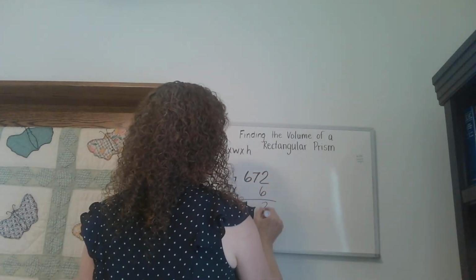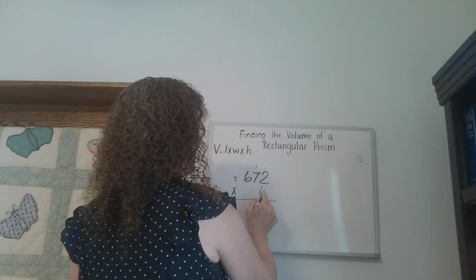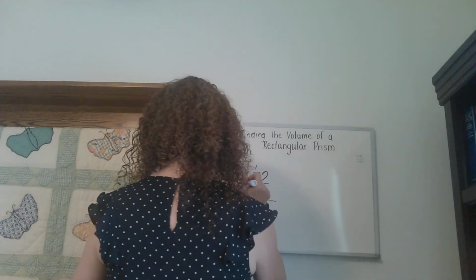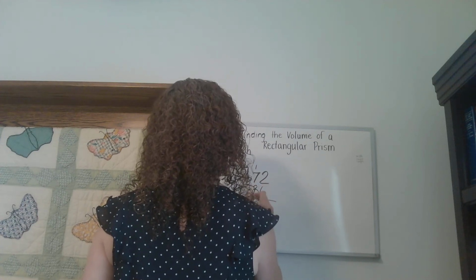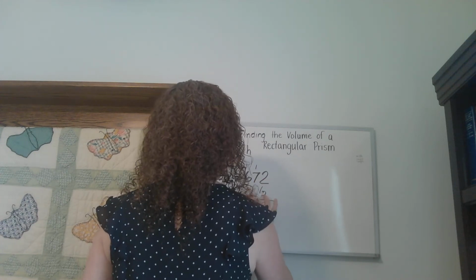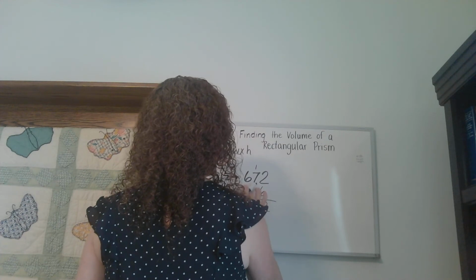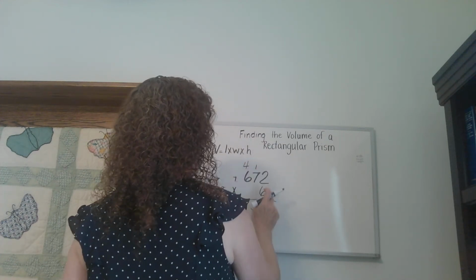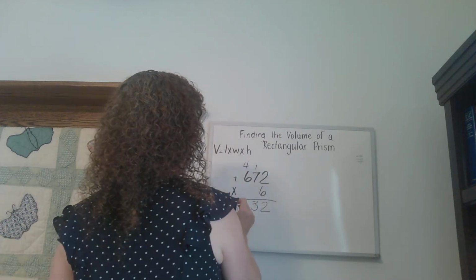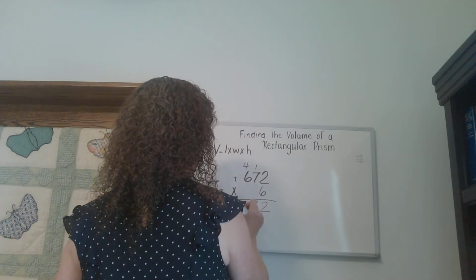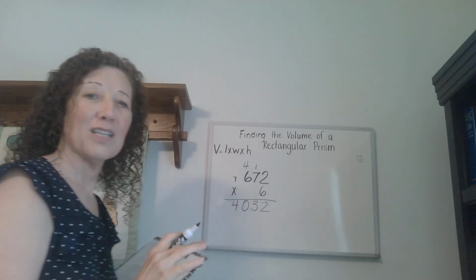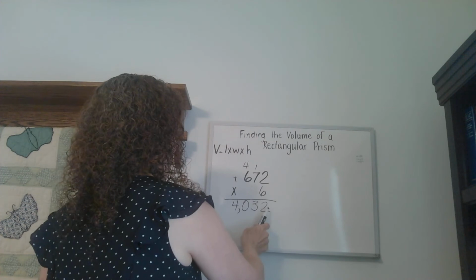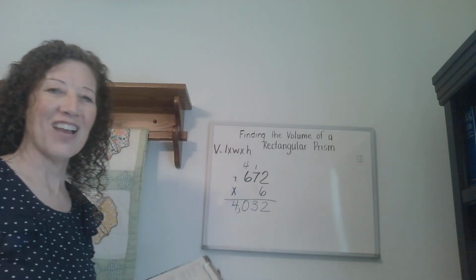So I'm going to put down my 2, carry my 1. 6 times 7 is 42, plus 1 more is 43. 42, add your extra 1, so 3, carry your 4, and 6 times 6 is 36, plus 4 is 40. That is a 4-digit number, so we're going to need to put a comma here after your 3's, and you're going to count 1, 2, 3, comma, and then you've got your thousands.